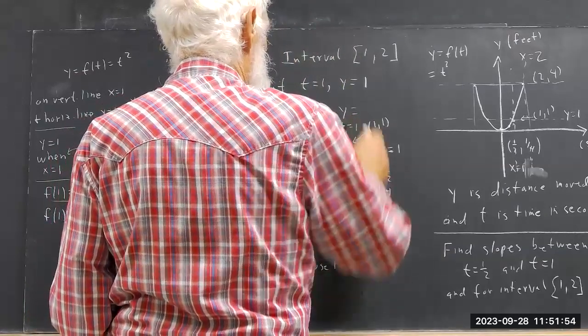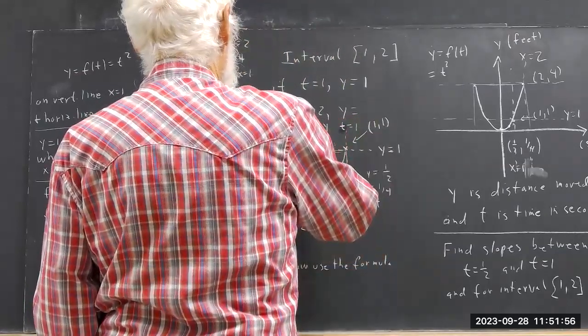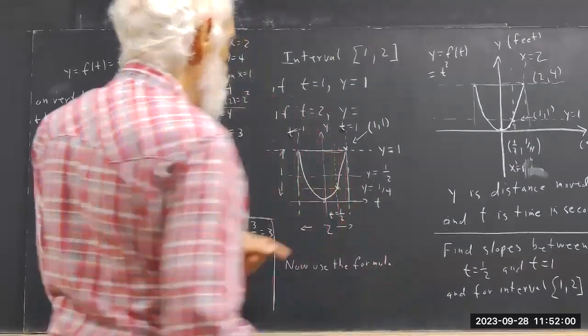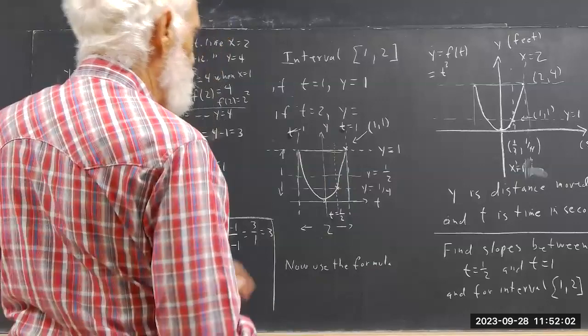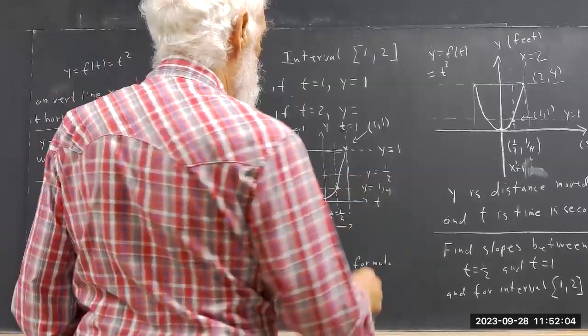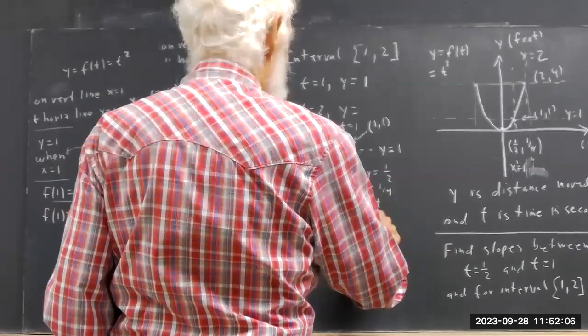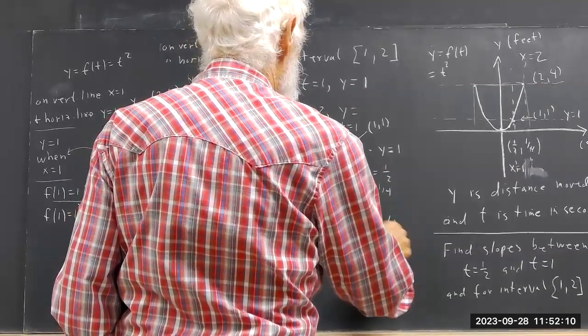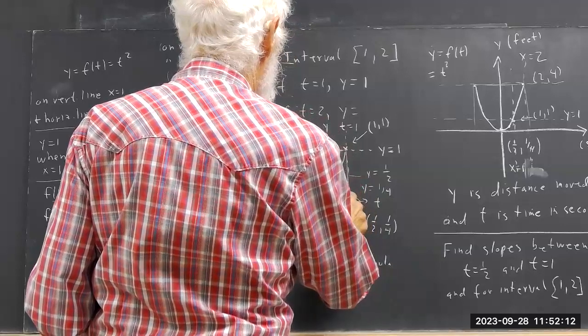This line would be t equals 1 since my x-axis is now labeled as the t-axis. So t equals 1/2 here, and y equals 1/4. So this is the point 1/2, 1/4.